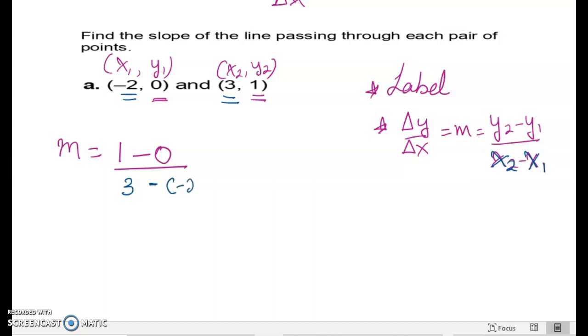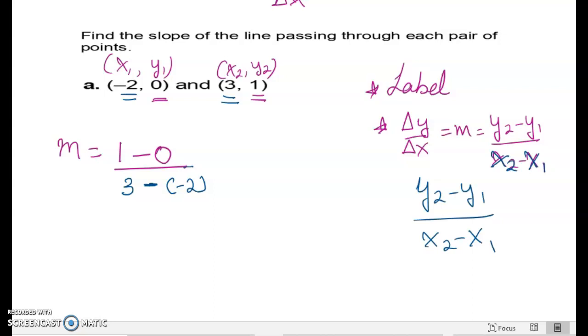So I will put minus 2 in the brackets. Why? Because with change in y and change in x, it says y2 to be subtracted by y1 and x2 subtracted by x1. The subtraction sign is already there.